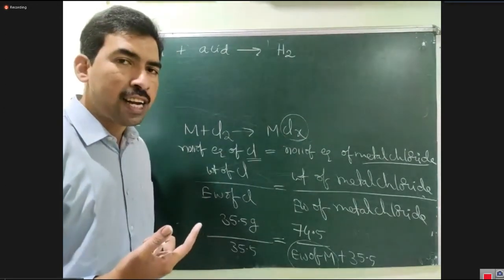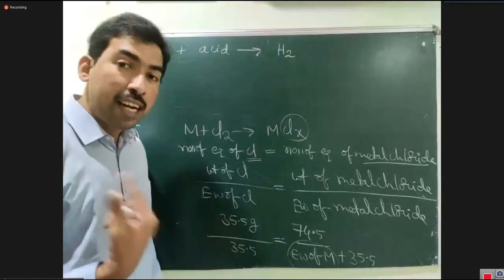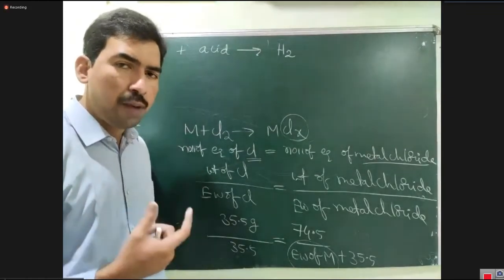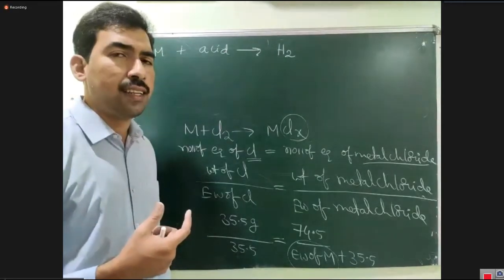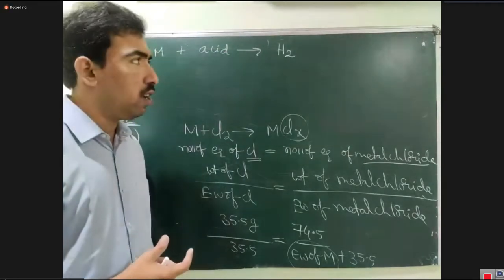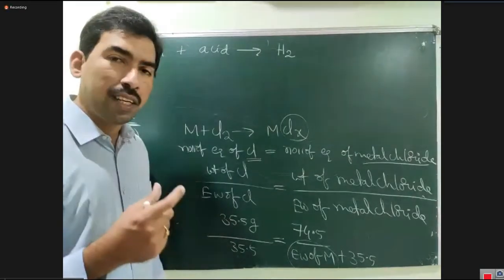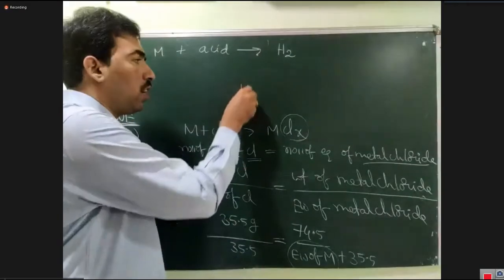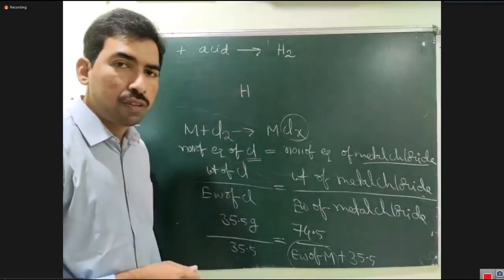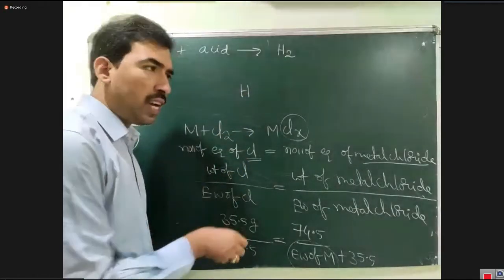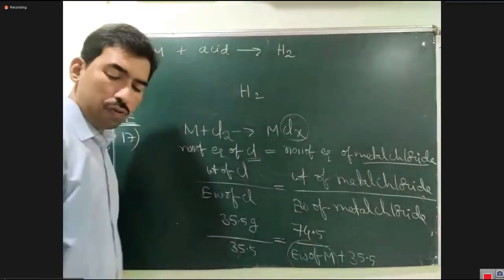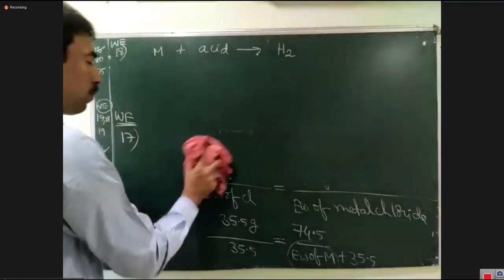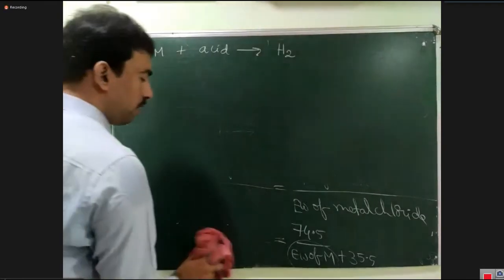If they do not mention atoms and only use the name, you can take the elemental form, molecules. Hydrogen means H2. For H, they will say hydrogen atoms. Phosphorus means P4 only, not P.